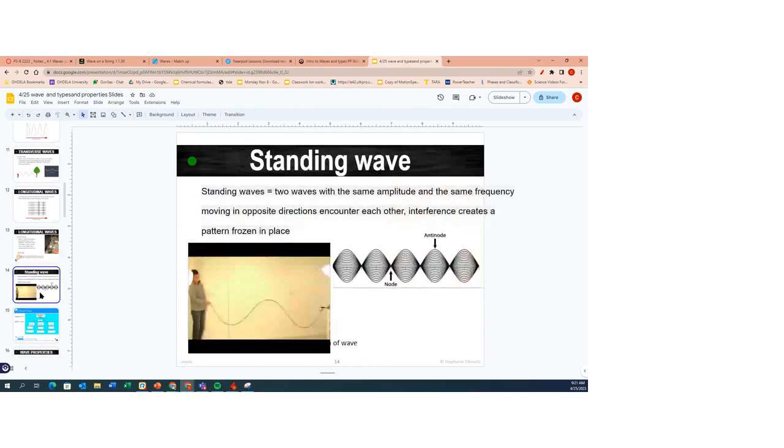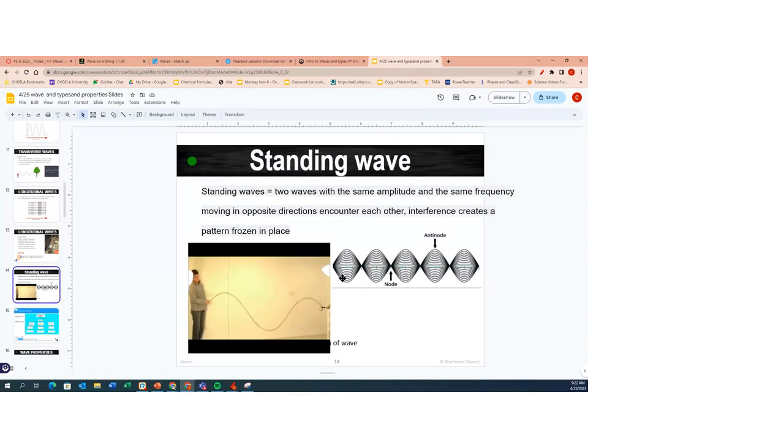And here is a standing wave. The wave looks the same, but it comes back in the opposite direction. If we took a time lapse picture over time, we'd have this up and down motion, one wave going there and one coming back.